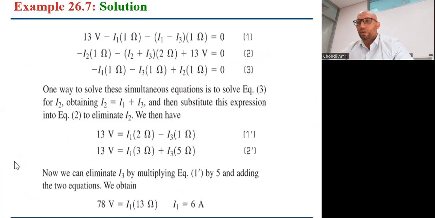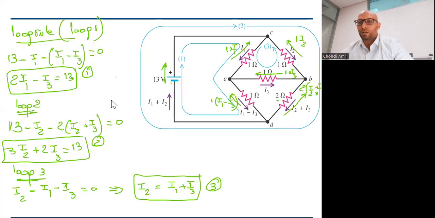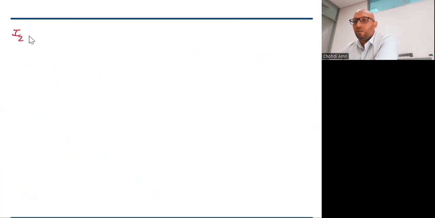Okay, what are these equations? Let me write here. If we use I2 from equation 3 in equation 2, what does equation 2 say?